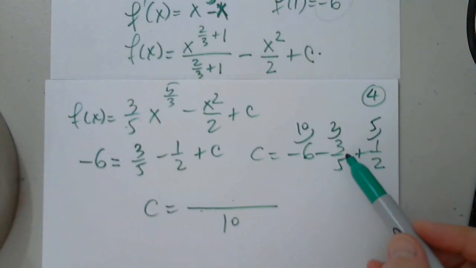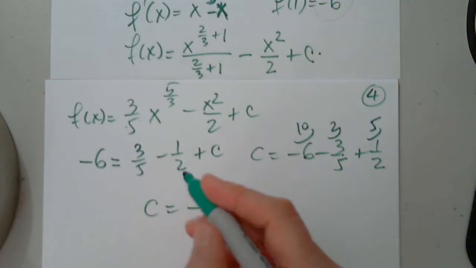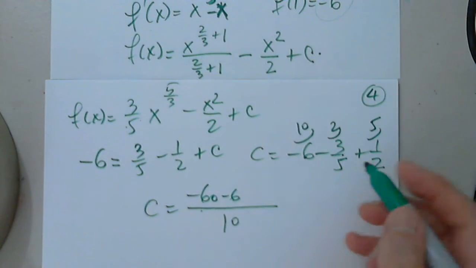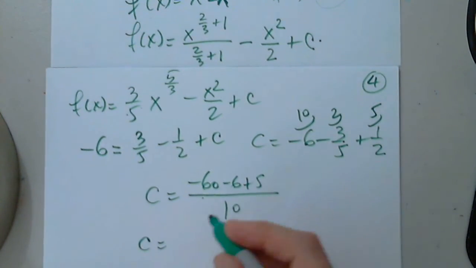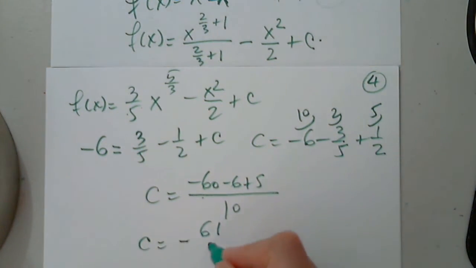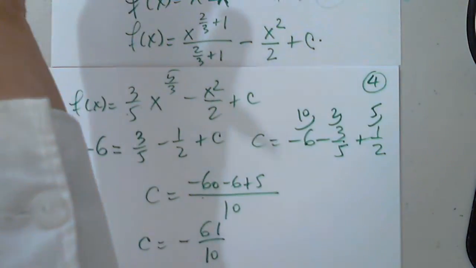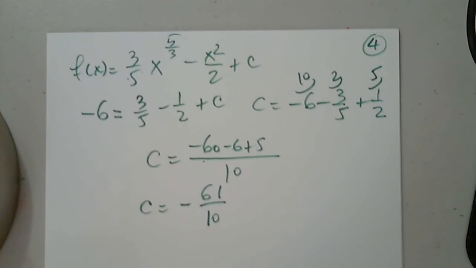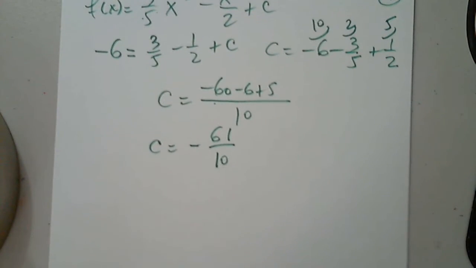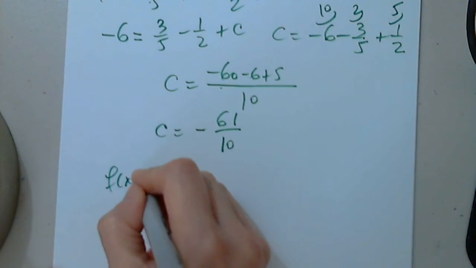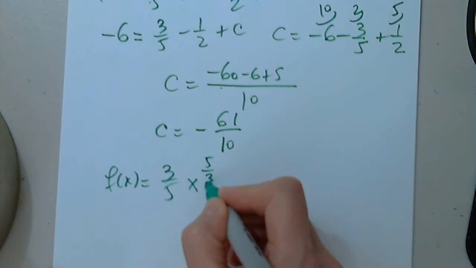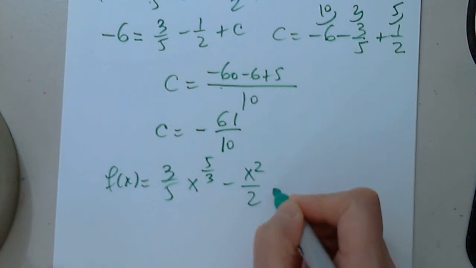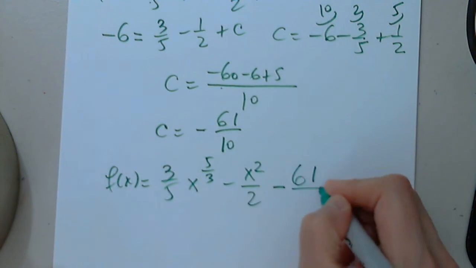So -60 minus 6 plus 5 will be -61 over 10. So now I have the unique function, and that is f of x equals 3/5 x to 5/3 minus x squared over 2 minus 61 over 10.